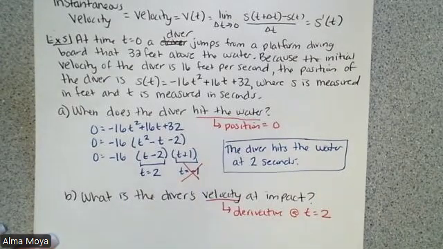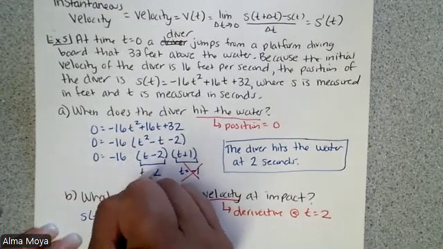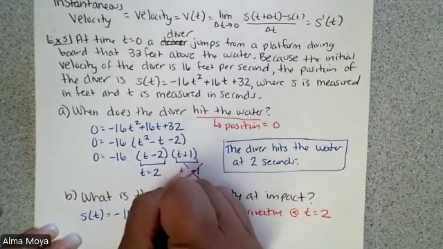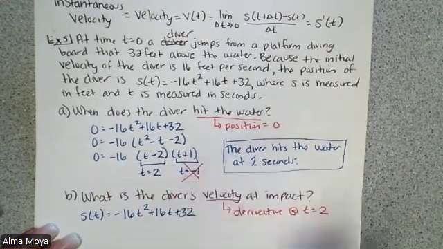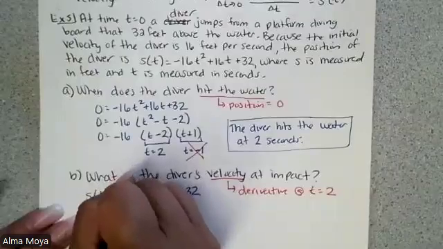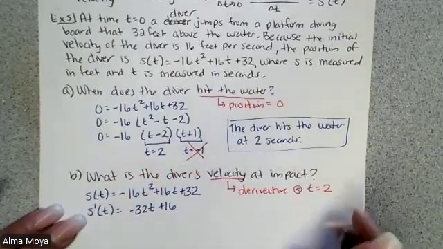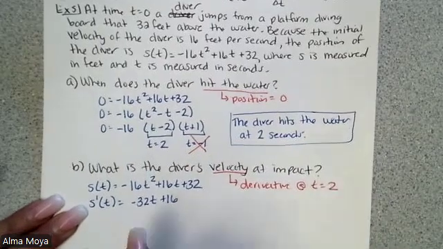So in this case, I have S of t equals negative 16t squared plus 16t plus 32. I'm going to go ahead and just take the derivative. Bring the 2 down, that's going to be negative 32t plus 16. And then I just have to plug in the number 2.